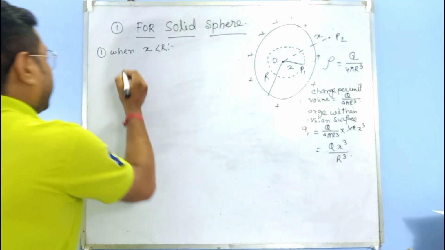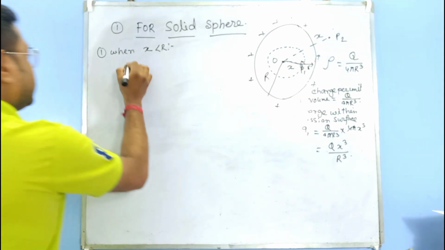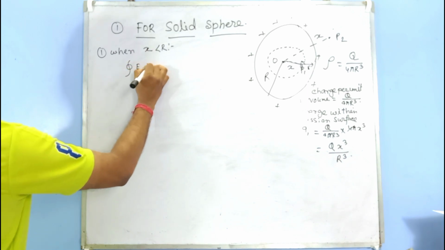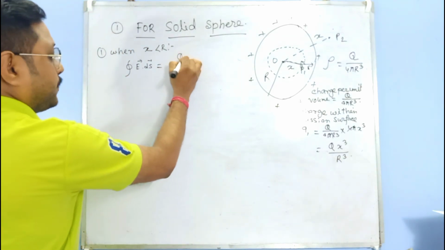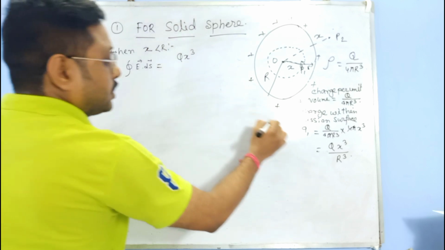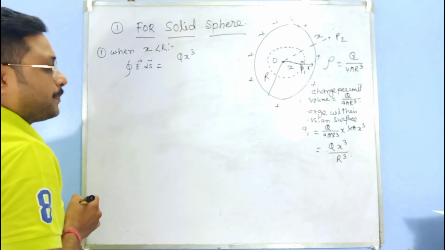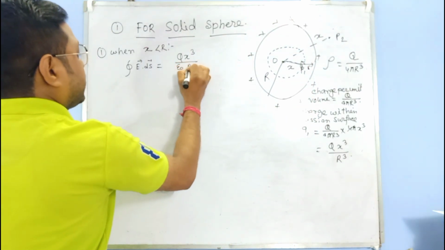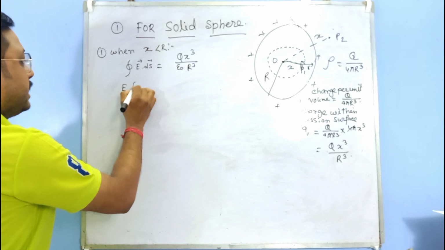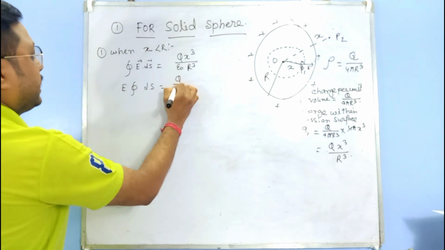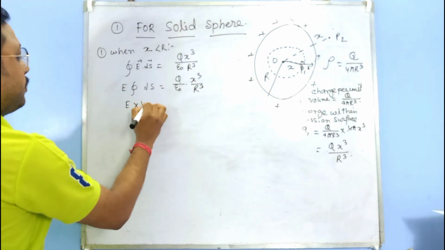Okay. Now again, the direction of E is radially outward and parallel to ds. Same formula: the integral of E dot ds must be equal to the enclosed charge, Q x cube by epsilon naught r cube. E is again constant, so E times the integral of ds equals Q by epsilon naught times x cube by r cube, or E multiplied by 4 pi x square.